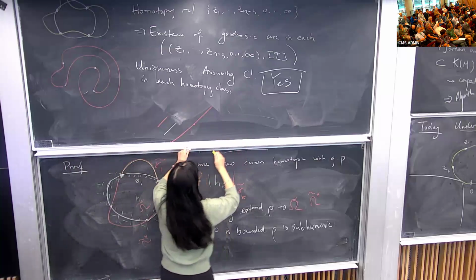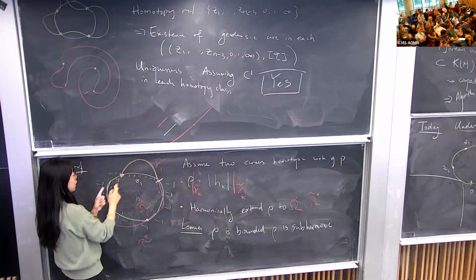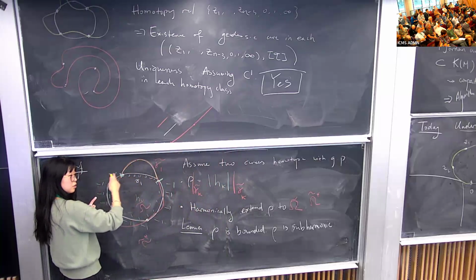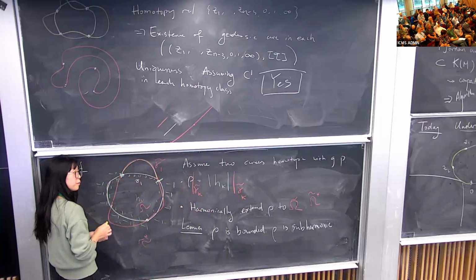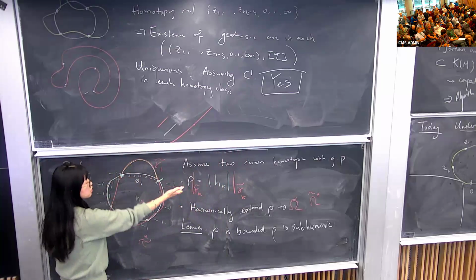Basically, this is the probability of Brownian motion starting from here to first hit the left versus the right-hand side, up to a factor.